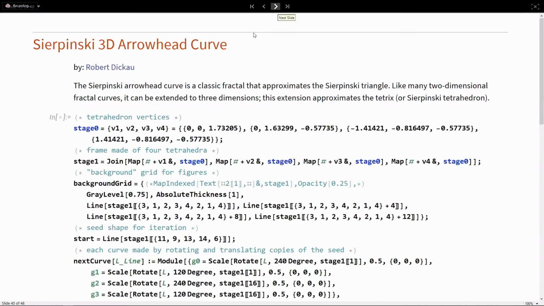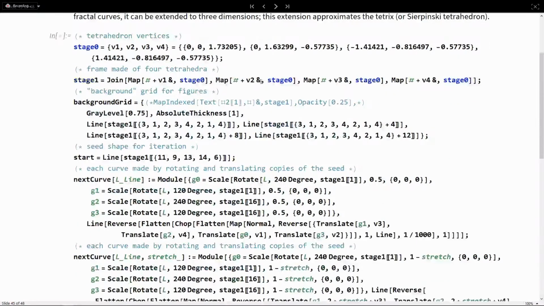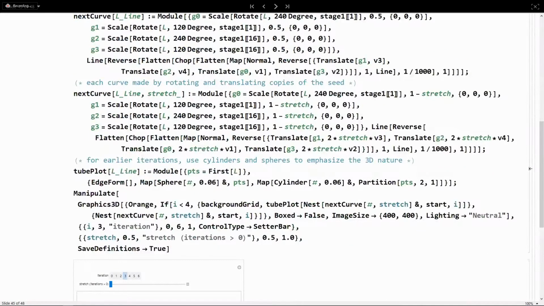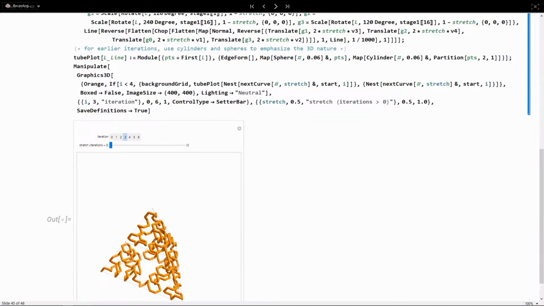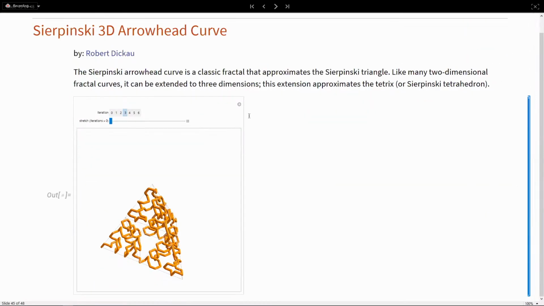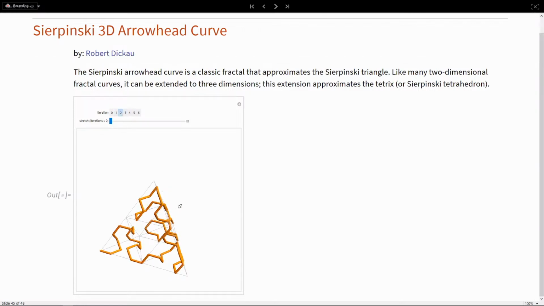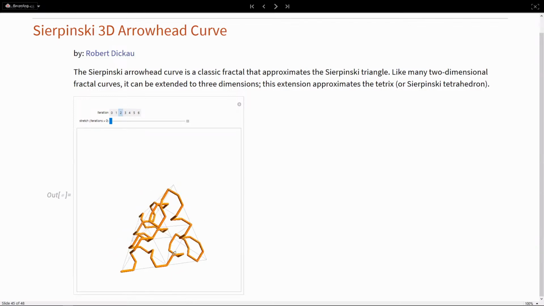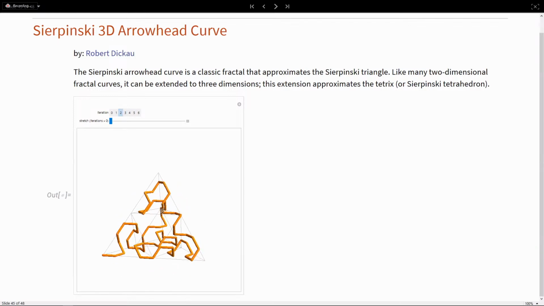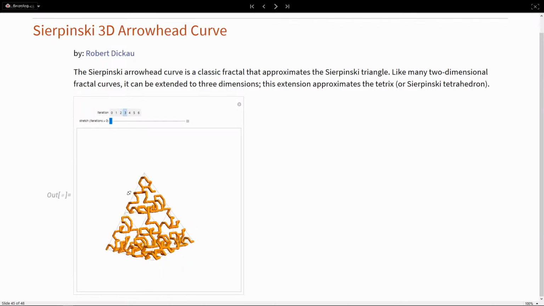And the Sierpinski arrowhead curve in 3 dimensions. So let me make this smaller here, like so. Another piece of code by Robert Dickau. You can see that it's much stranger looking in 3 dimensions, like so.